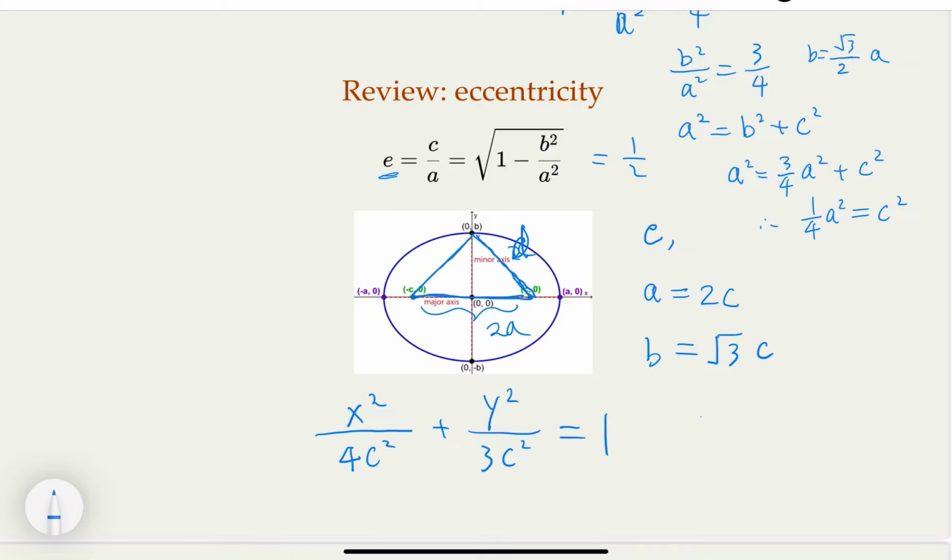So d squared would equal c squared plus b squared, which equals 4c squared, which means d equals 2c and equals a, right? So this is the whole thing. This is a, this is a, this is 2a, this is 2a.